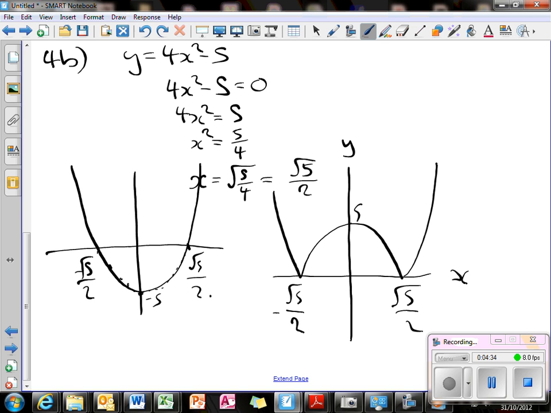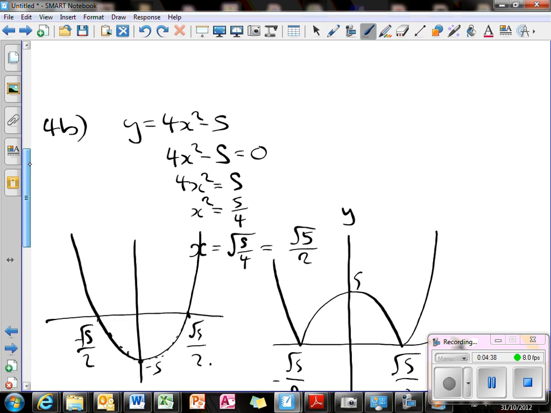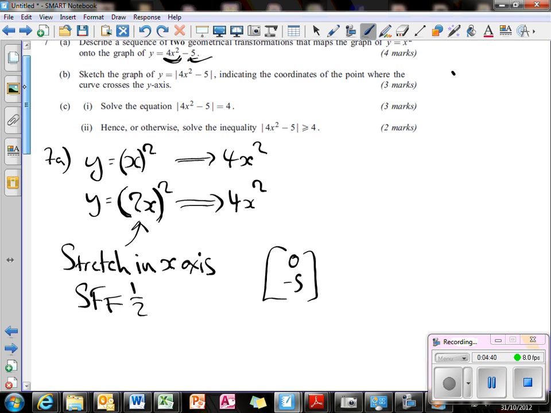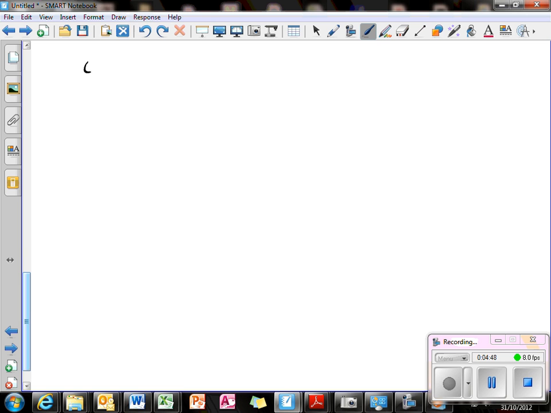And then finally, it's asking us to solve this equation. C part i, solve this equation: the modulus of 4x squared minus 5 is equal to 4. So 4x squared minus 5 equals 4.